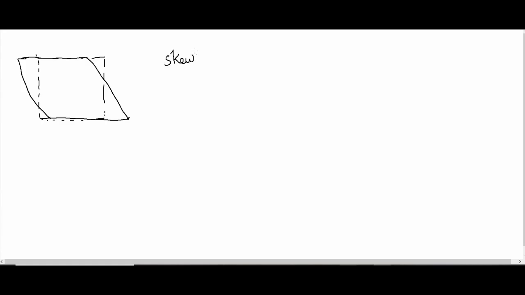Skew x, in the bracket we can give degrees, 20 degree, 30 degree. And we can also give skew y, and inside this we can give a value. So this is skew.